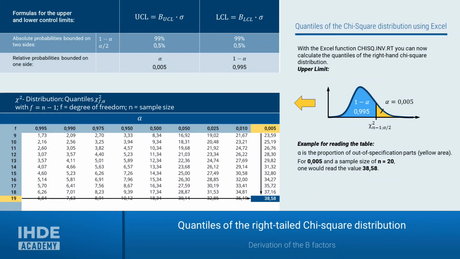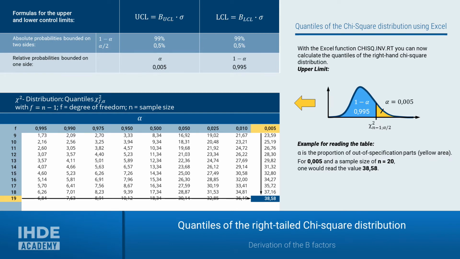The Excel function CHISQ.INV.RT can be used to calculate the various quantiles of the right-hand chi-square distribution. But before we do that, we want to do that first with the help of a table, as you would usually find in the relevant literature. This exercise is also important to prepare for the calculation with Excel and what is meant by the right-tailed chi-square distribution.